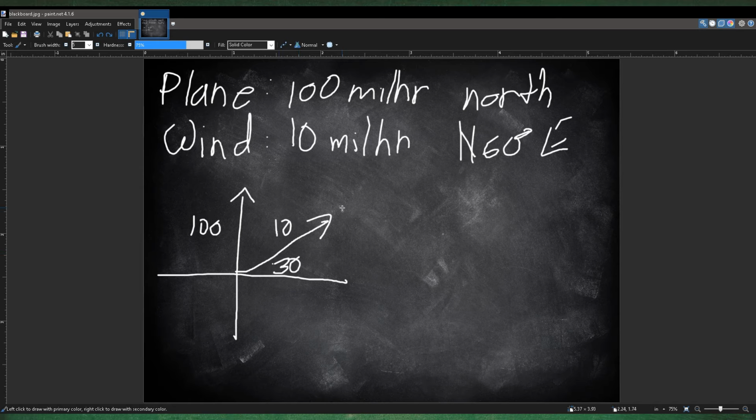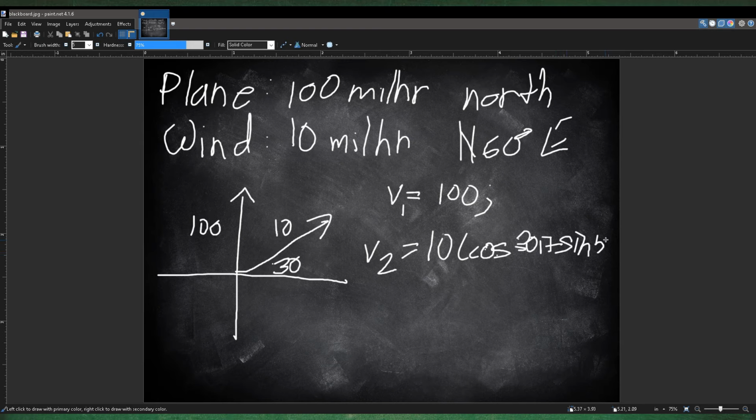So you just have to add them together. Vector 1 is just 100j because you're just moving 100 north. And vector 2 is 10 using the polar form: cosine of 30 i plus sine of 30 j.